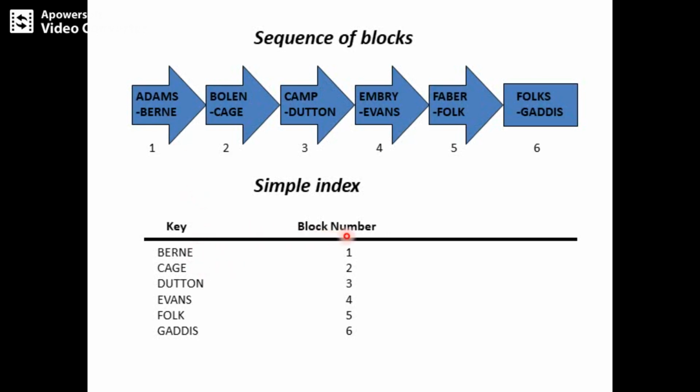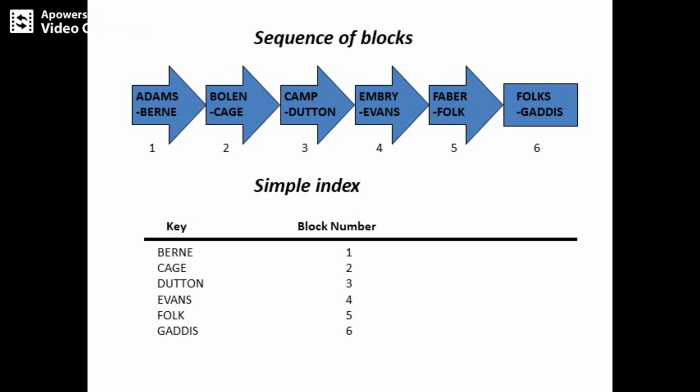for block 1, right? So if your key is less than Burney, then it will be in the first block. If your key is greater than Burney, then it will be in the second block, right? So in each block we take the last record key and add it as the simple index key for that particular block. So Burney is the key for block 1, Cage is the key for block 2, and so on.